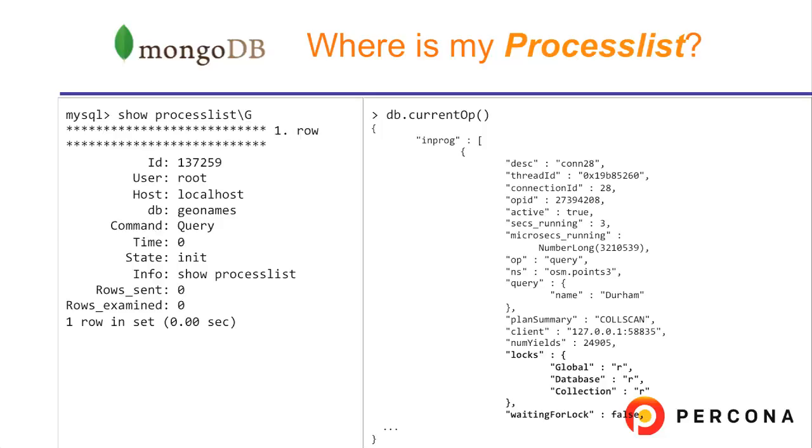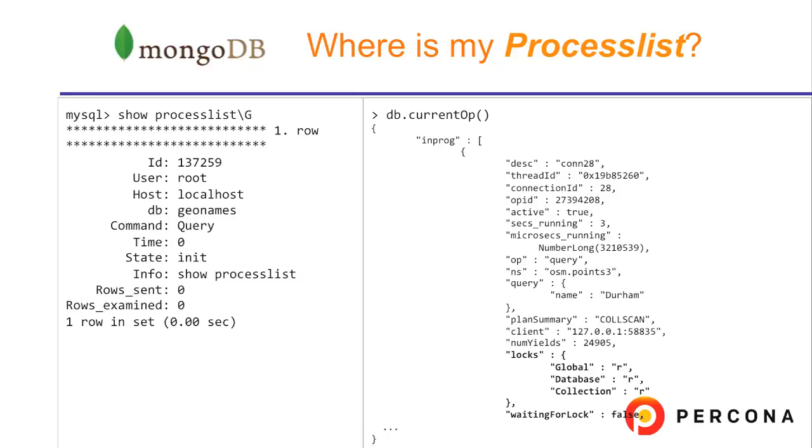So where is my process list? db.currentOp will give you the process list information. There are significantly more metrics in this than in MySQL.